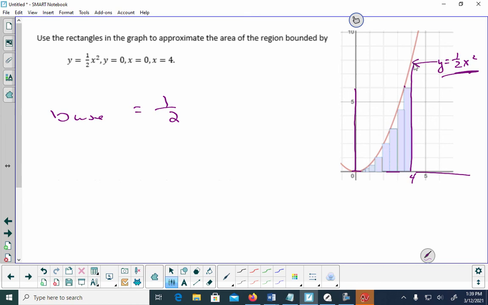The first one I'm going to do is actually at 0, which means I'm not really going to have a rectangle. So I'm going to put the 1/2 outside.